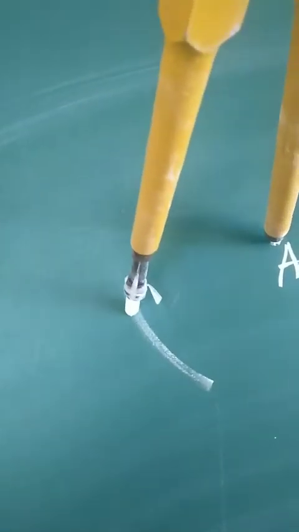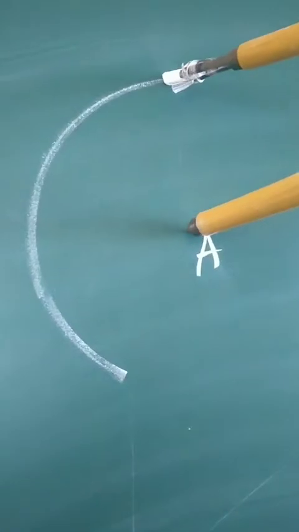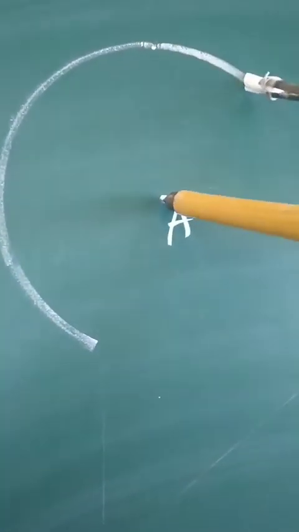And 2 circles I'll draw. Their radius must be the same. So children, I'm going to draw one circle with the center O, which is the center of the circle.